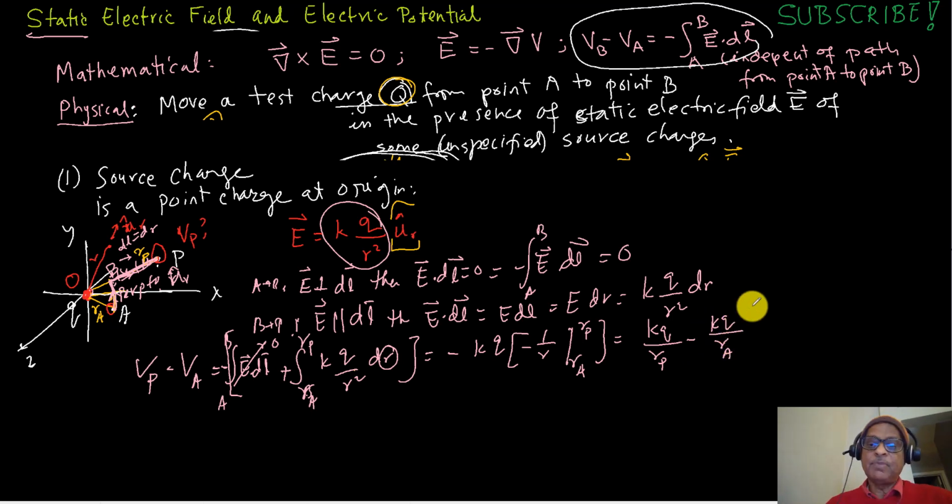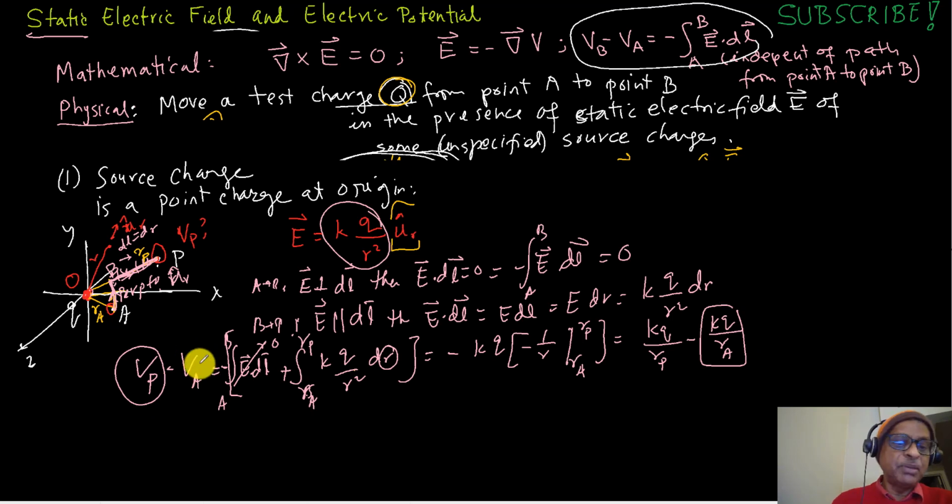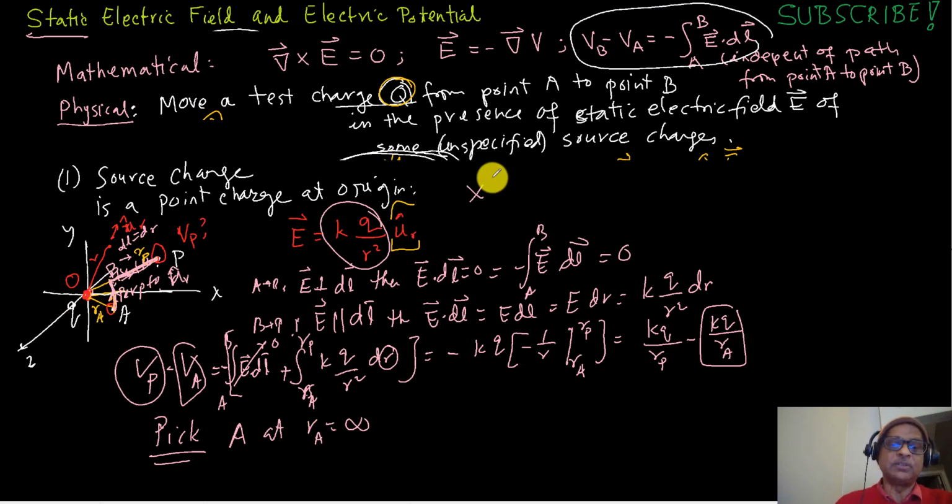Now if I want a simple formula for this, then we would want this to be somehow 0. So we'll pick A so that this part is 0. This is my choice: pick A at ra equals infinity, far away. So I'm going to pick way out here. So A will be here instead of over here.